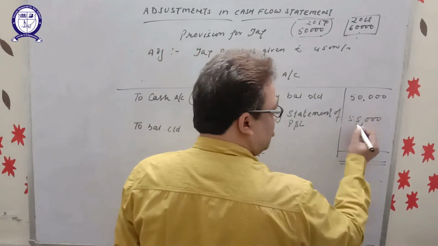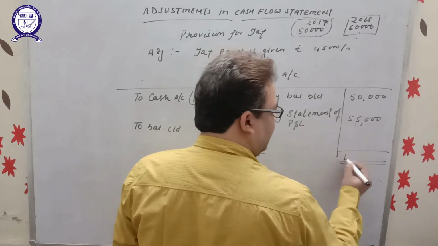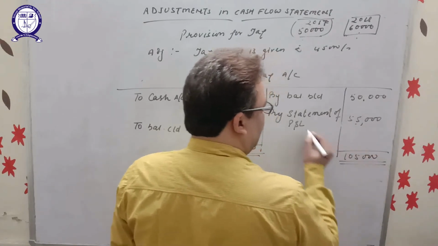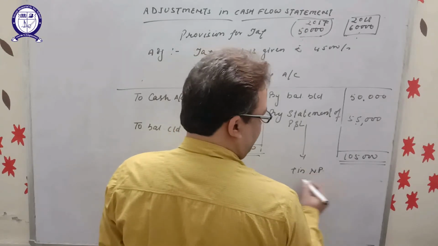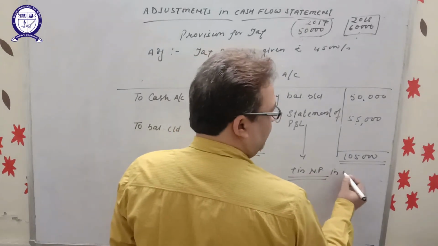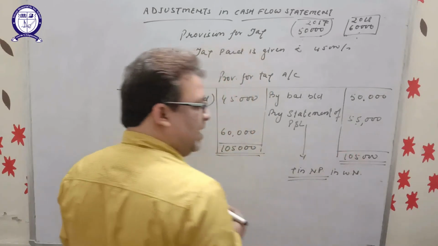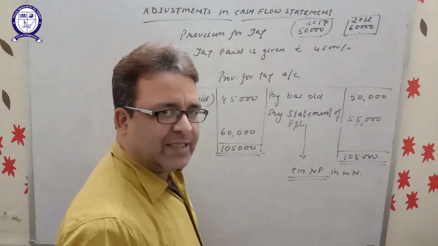So this is also called provision for tax made, and this will be added to net profit in the working note while calculating net profit before tax.